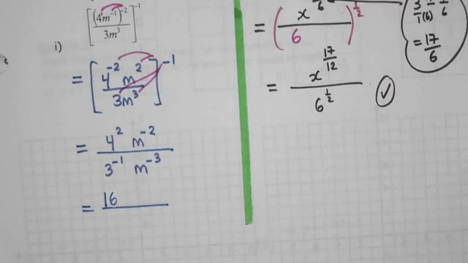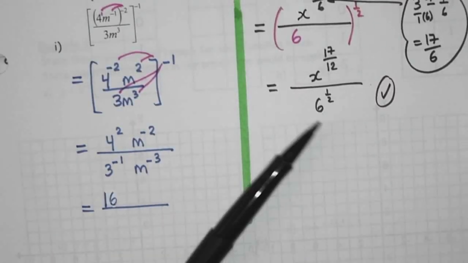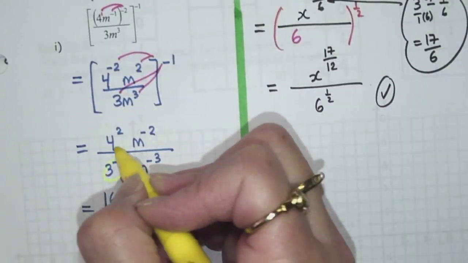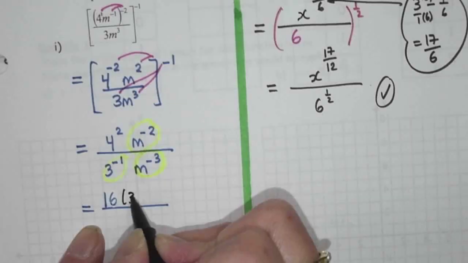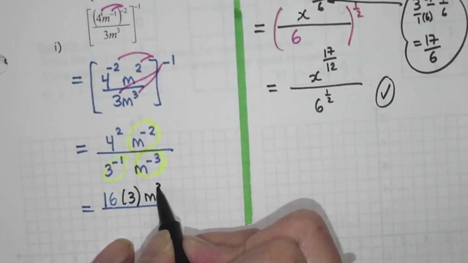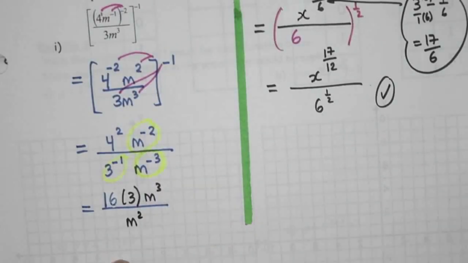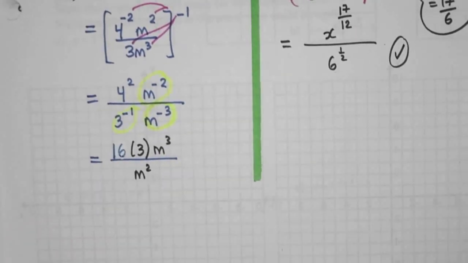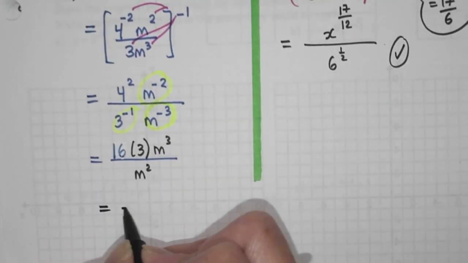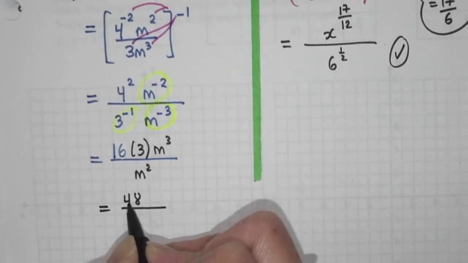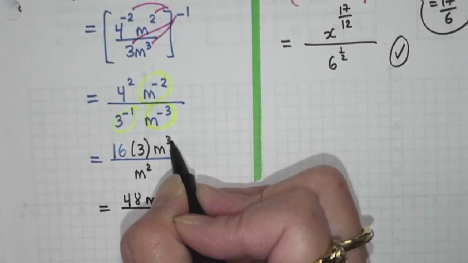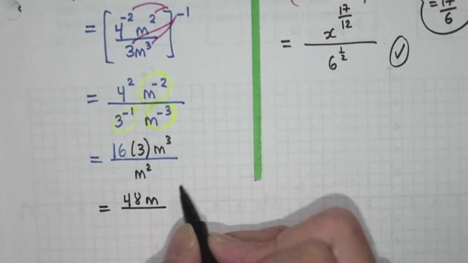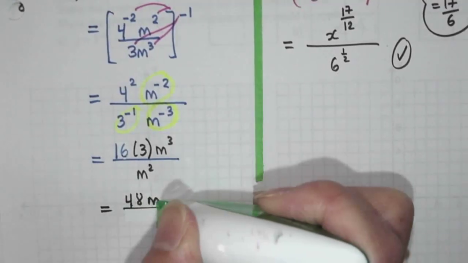So 16. And then I'm going to move this one, right? All 3 of these move. The 3 comes up here, the m cubed goes up here, and the m squared goes down there. So all 3 of those moved. And then finish it off. 48 m to the 3 minus m squared, so you're going to subtract, and I didn't need this denominator at all.